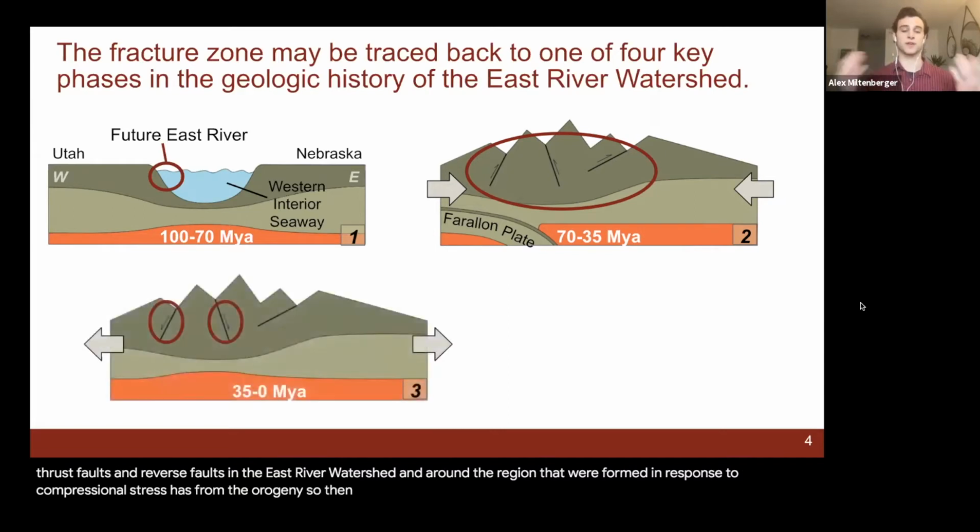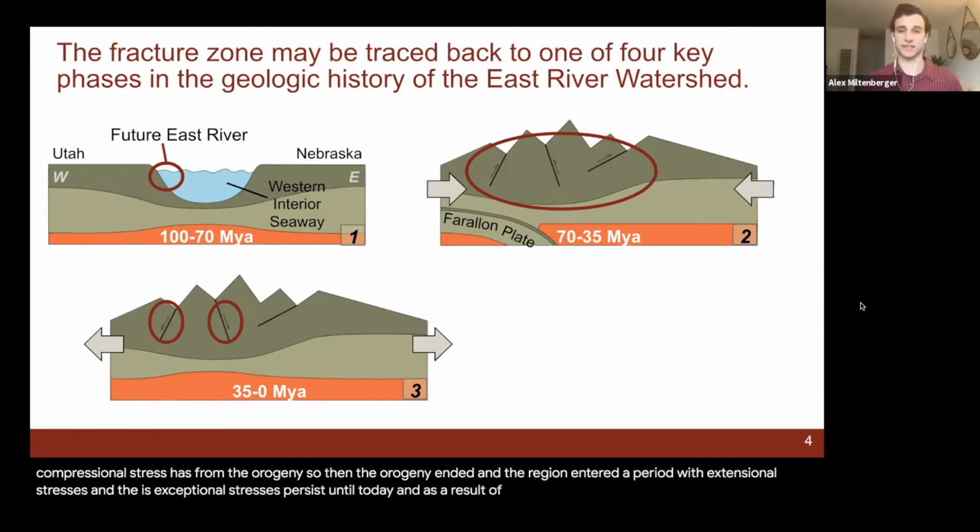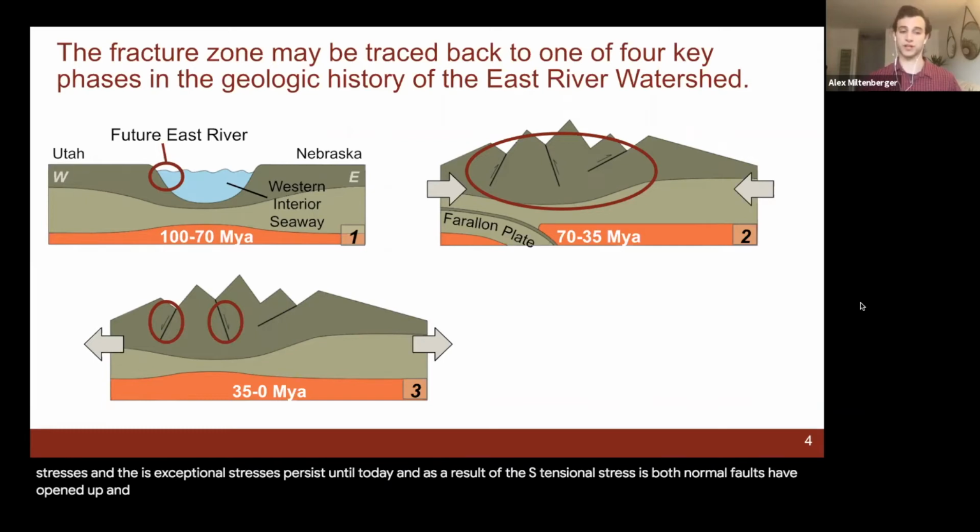So then the orogeny ended, and the region entered a period with extensional stresses, and these extensional stresses persist until today. And as a result of the extensional stresses, both normal faults have opened up and reverse faults have possibly been reactivated.